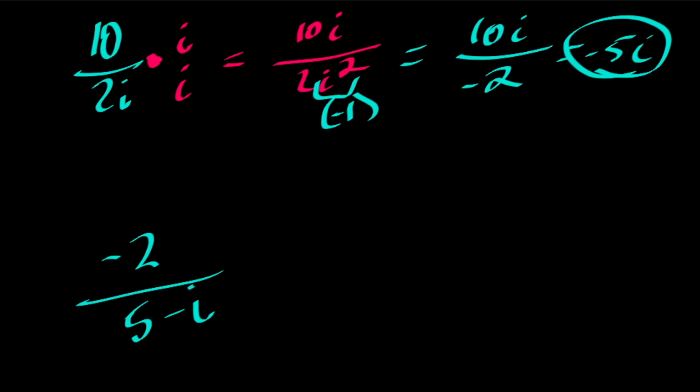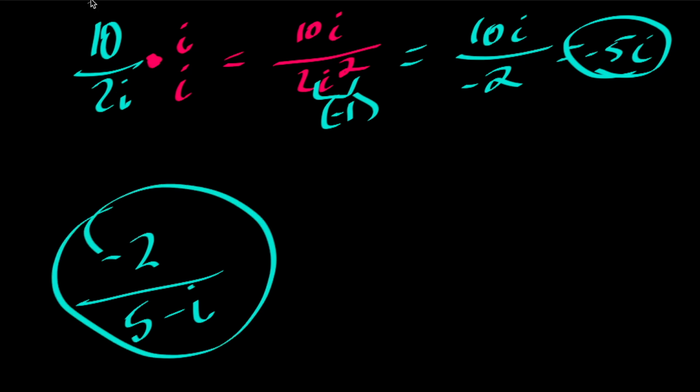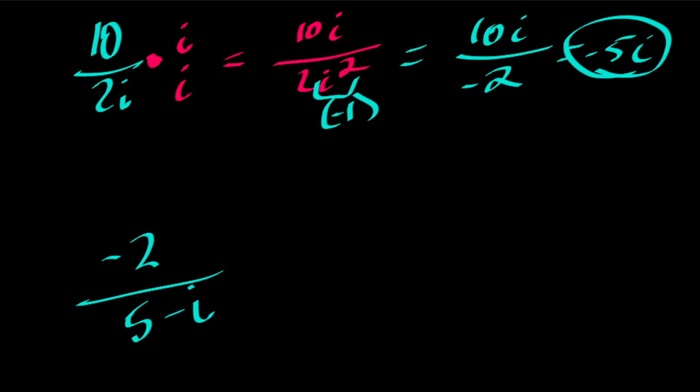Now, let's do another one of those and then we'll talk about this example, just so you can see. So once again, if we're dividing by i, let's make it a little bit harder. Let's say we do negative 8 minus 2i all over 6i.